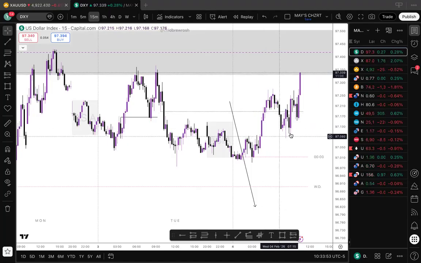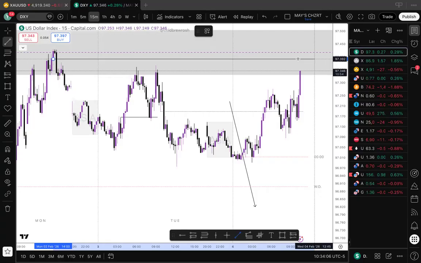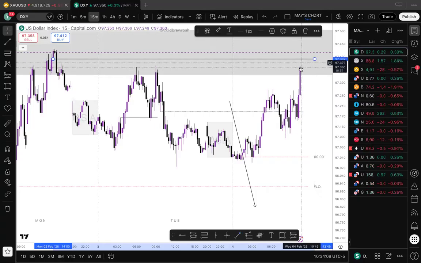So this low holds. I'm probably wrong on this, but my last line of reference will be this high, that untapped one. So we take out those equal highs or relative equal highs, and I want to see what happens as price gets here. If we bomb through this, I'm going to be out of this market for the rest of the week. I'll just watch and see what they do until next week.